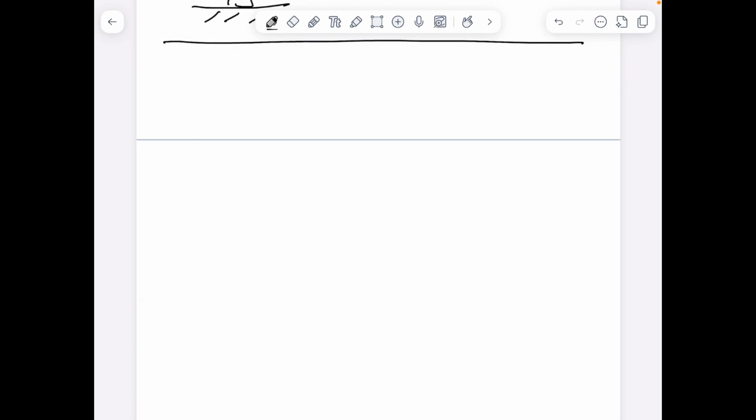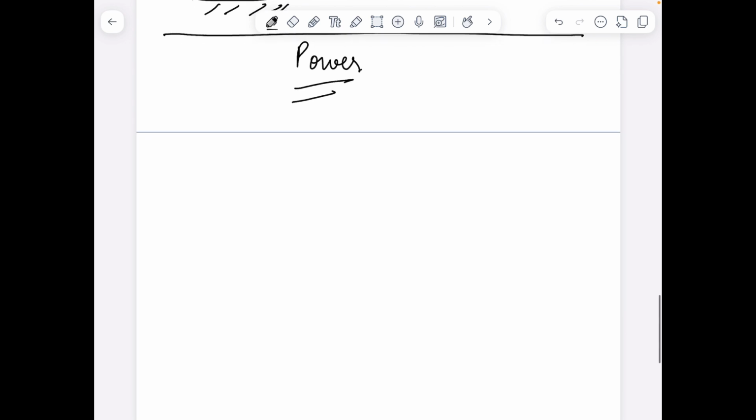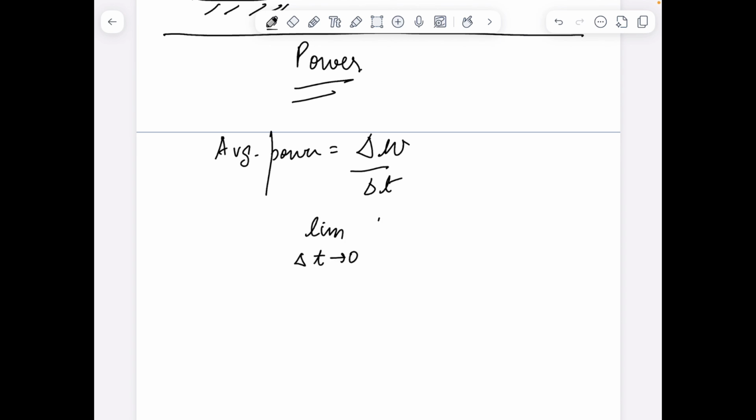Okay, so now let's look at the concept of power. Power is defined as the time rate at which work is delivered, right? So we have average power equal to delta W by delta T. Now as we approach the limit delta T tends to 0, delta W by delta T becomes dW by dt, that's the power.